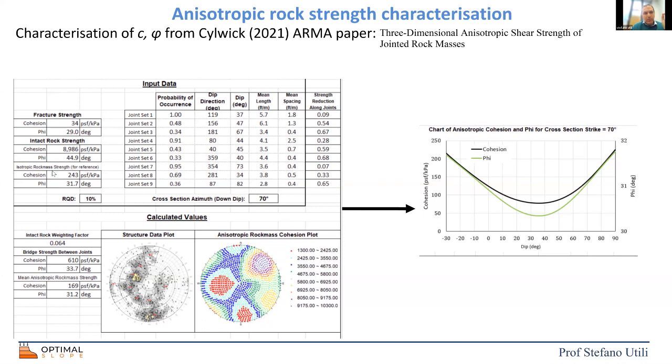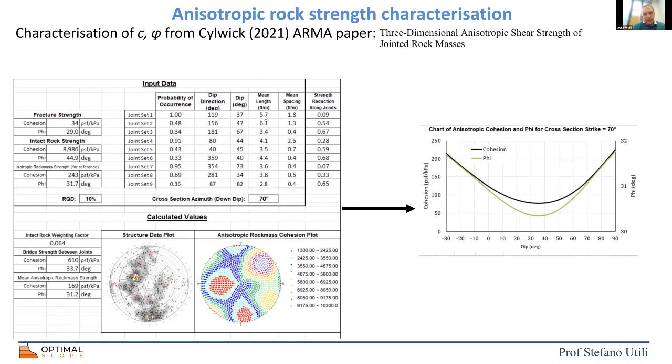Here you put the intact rock strength, in terms of cohesion and friction angle, but it could also be in terms of a linearized Hoek-Brown. Then you will have any number of joint sets. What you need to know is just the typical information of the joint sets, nothing more: dip direction, mean length of the joint, mean spacing, and a probability of occurrence.